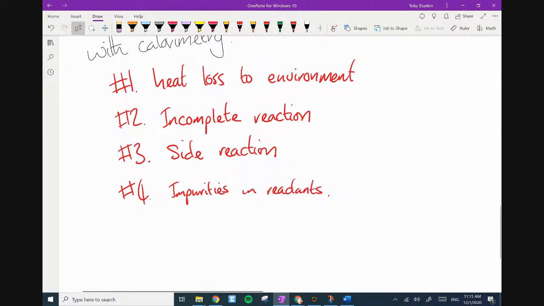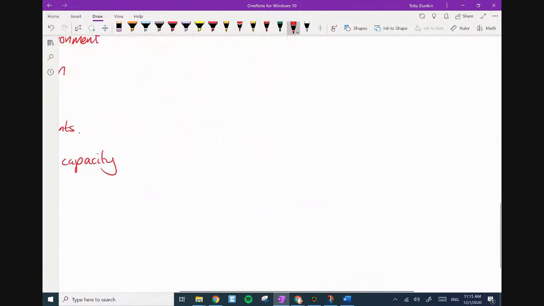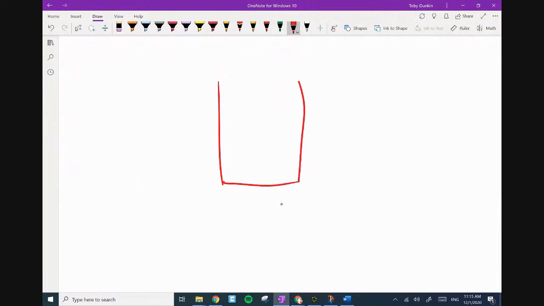Are there any others? Number 5, incorrect heat capacity. The reason being for this is if you have a copper calorimeter that you fill with water, and we are then heating, we're taking the heat capacity of that.